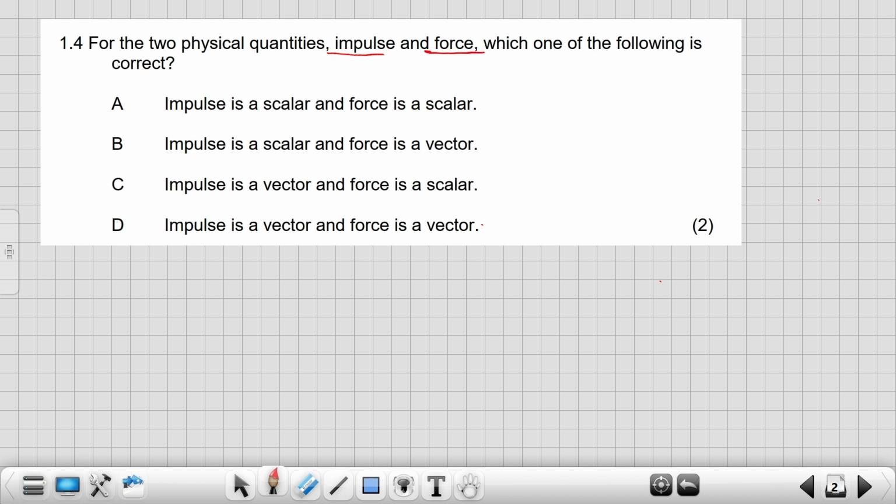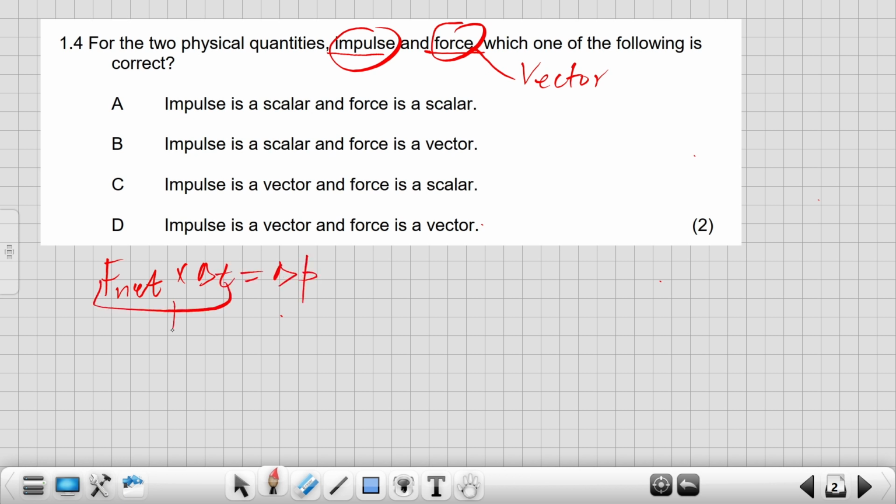We know from our previous discussions that force is a vector quantity, and impulse, because it is Fnet multiplied by change in t and change in p, must also be a vector quantity. So I'm looking for vector. Can I eliminate my distractors? Of course I can.